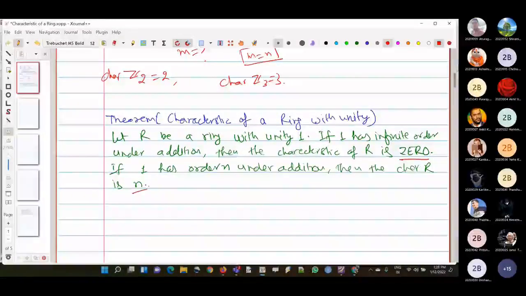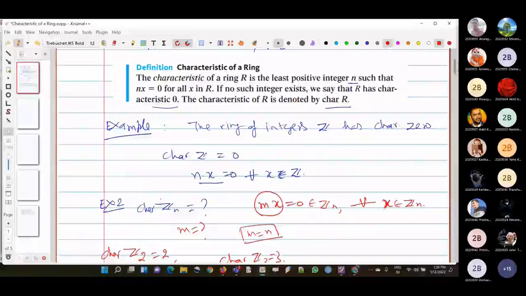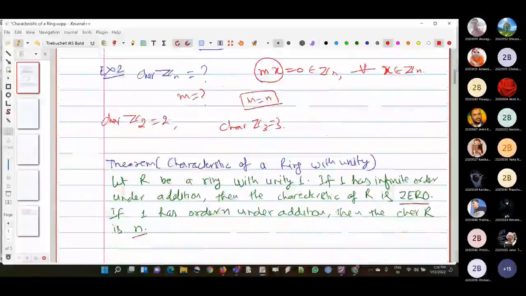Let us see some examples before going towards the proof. Example number one: the ring of integers Z. Whether it has unity or not? Yes, sir, 1.